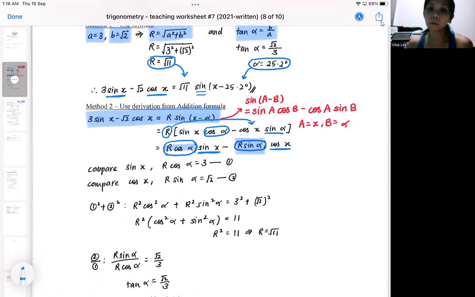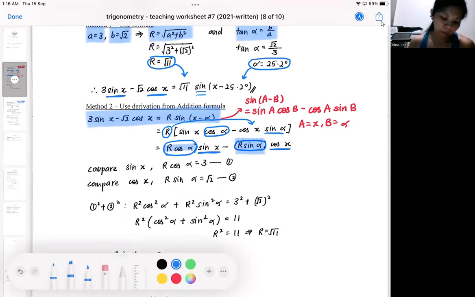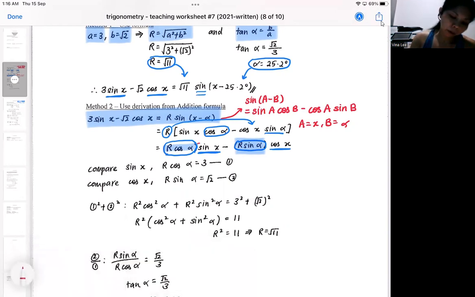And then we are going to do the comparison. If you compare the sine x on the left with the sine x on the right, you will realize that this is a 3. You will be getting R cosine alpha equal to 3.